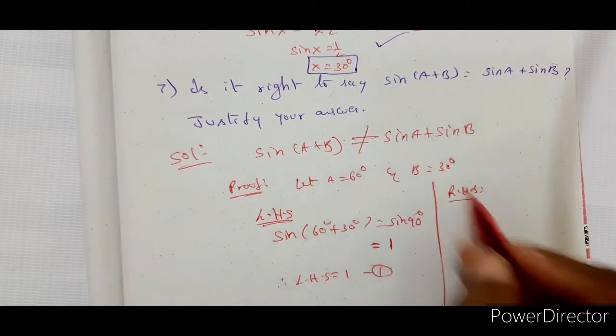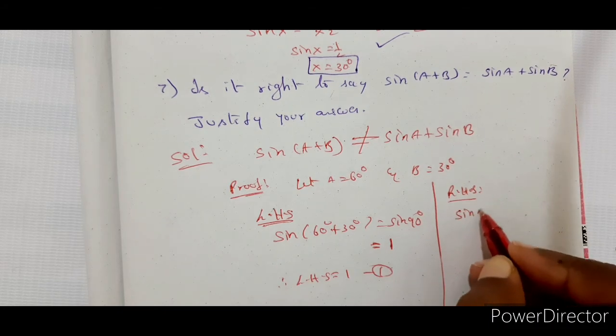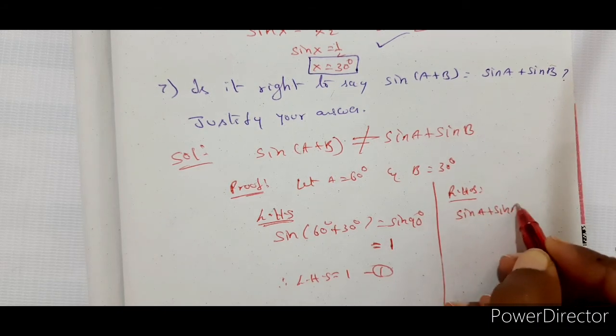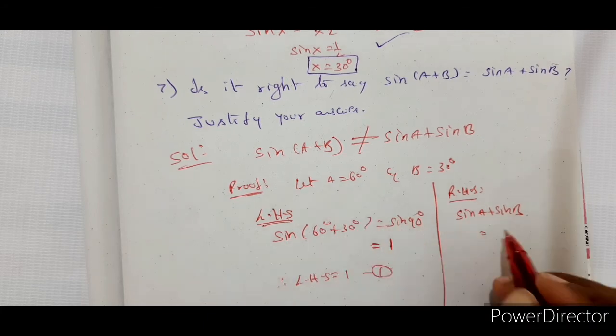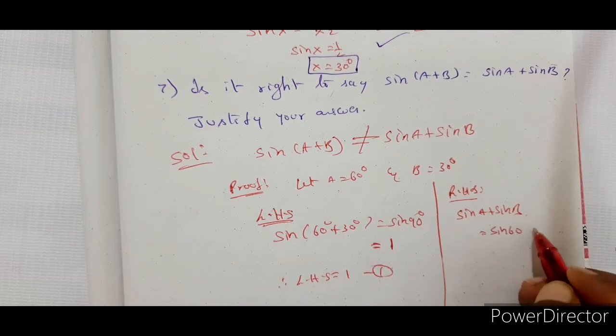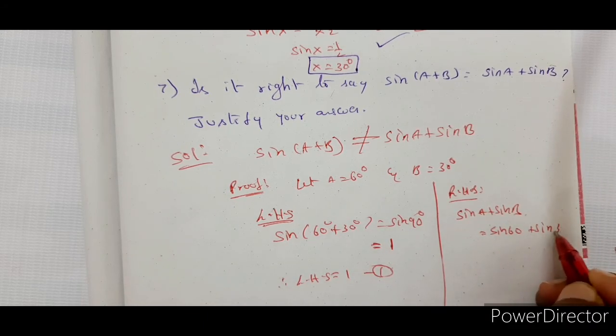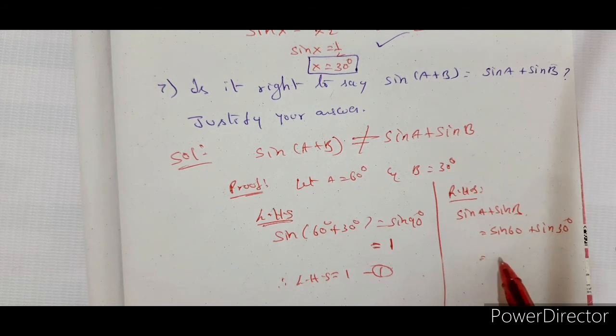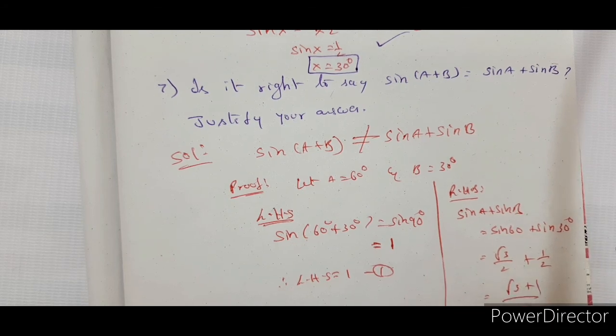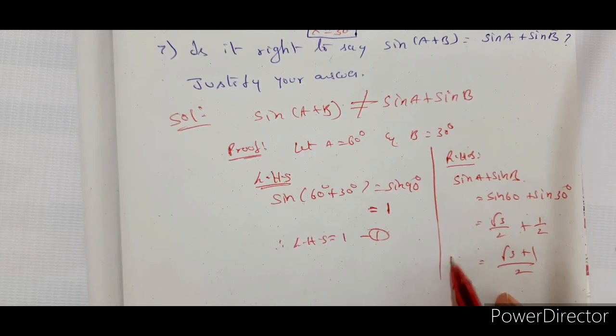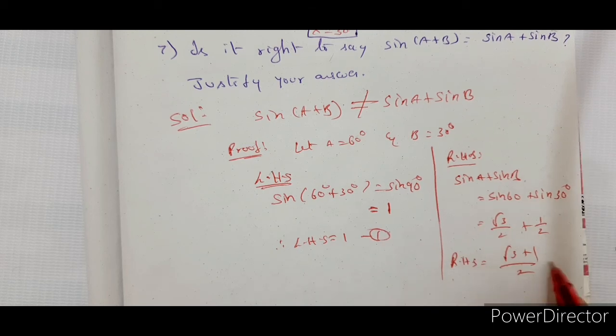What is RHS saying? Sine a plus sine b, which is equal to sine 60 plus sine 30. What is sine 60? Yes, root 3 by 2. Sine 30 is 1 by 2. So that is root 3 plus 1 by 2. So therefore RHS is equal to this much.